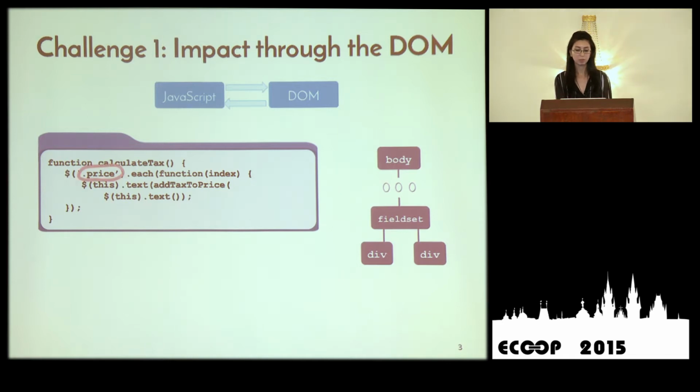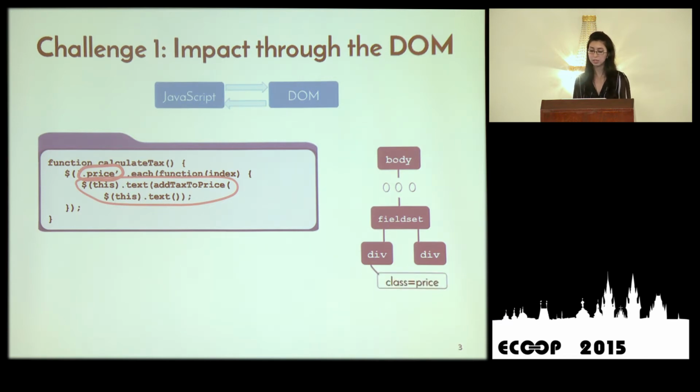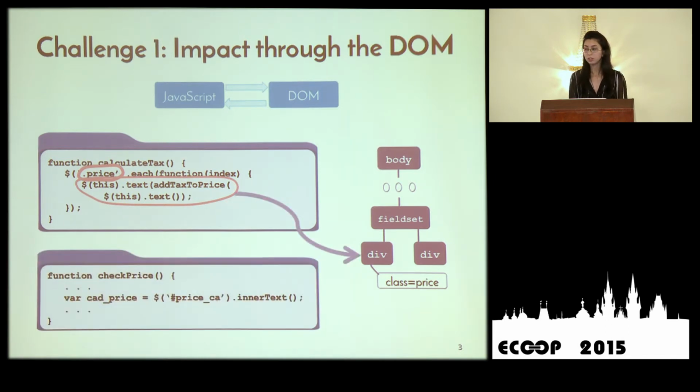If you look into this example, the function gets all the instances of a certain class and modifies their textual information. In this example, this element's value gets modified because it matches the criteria. Another JavaScript function that can be in another file is not necessarily co-located with this function.